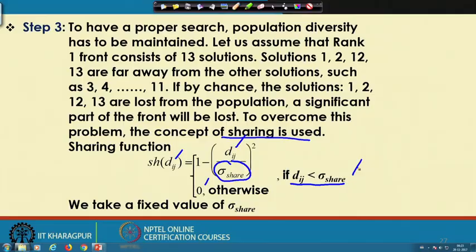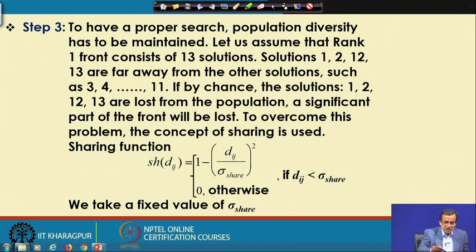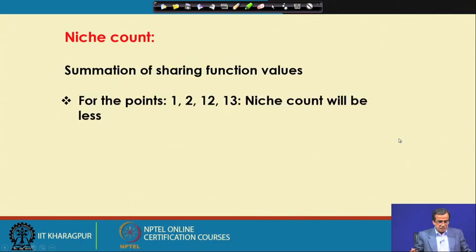Now, using this principle, and if I take the same example, I can come to the conclusion that for the points 1, 2, 12 and 13, the sharing function value will be very small. On the other hand, for the remaining points like 3, 4, 5, 6 and all such points up to 11, the sharing function value will be somewhat on the higher side.